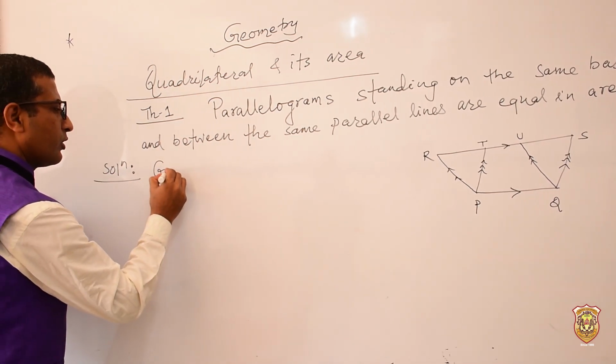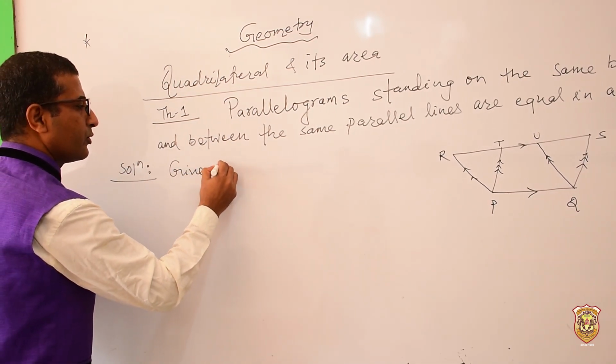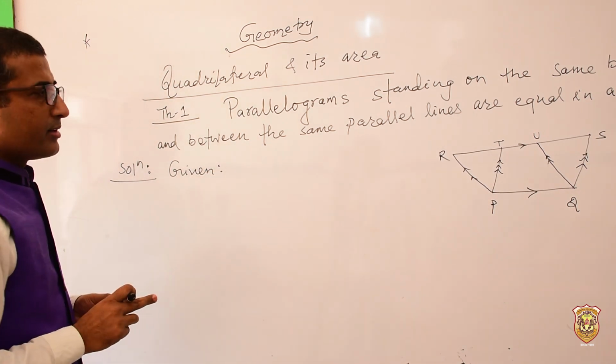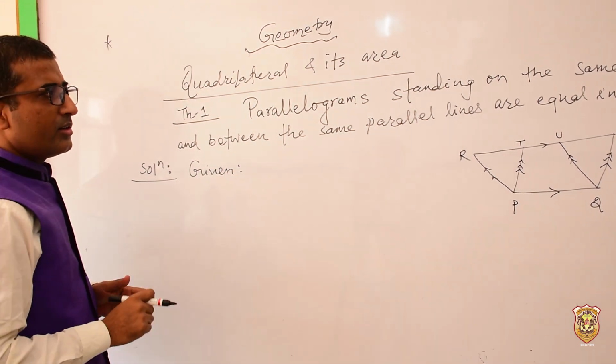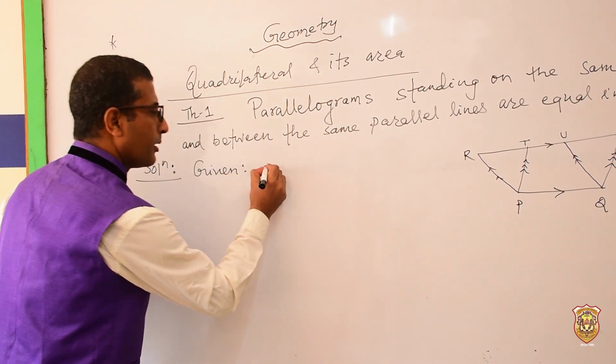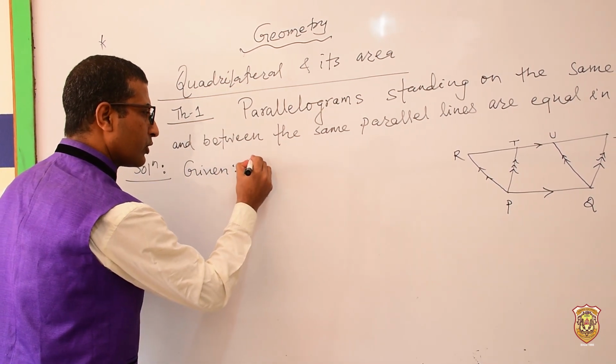As you know, in theorem we always have to start with the figure, then we have to write the given. Here in given, we have to name the parallelograms.